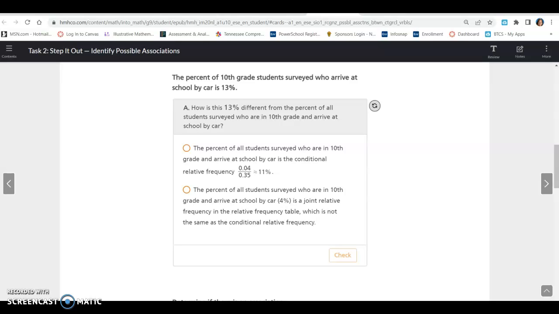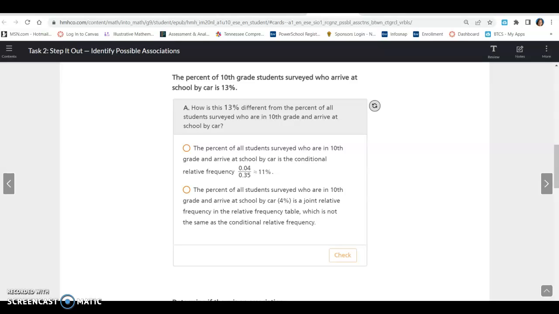How is this 13% different from the percent of all students surveyed who are in the 10th grade and arrive at school by car? The first one says the percent of all students surveyed who are in the 10th grade and arrive at school by car is the conditional relative frequency. That would not be the conditional relative frequency. So let's look at the next one. The percent of all students surveyed who are in 10th grade and arrive at school by car is 4%.